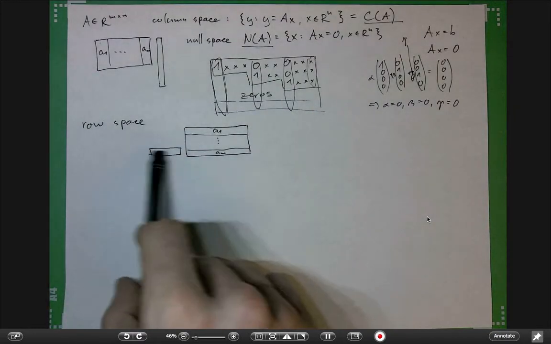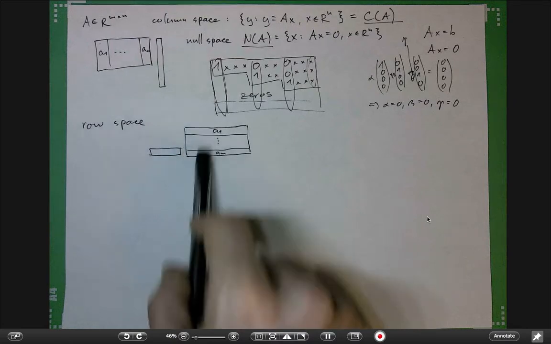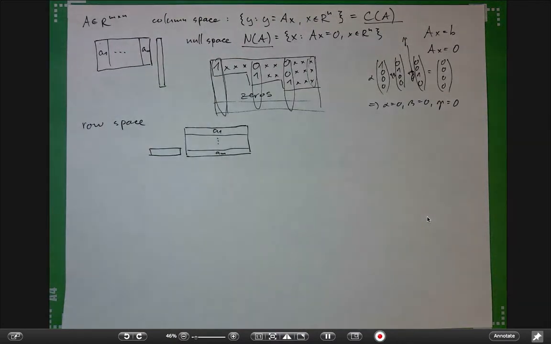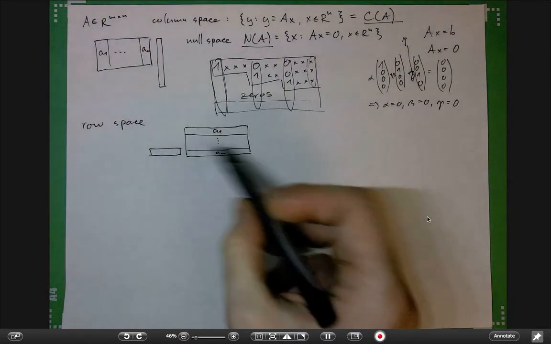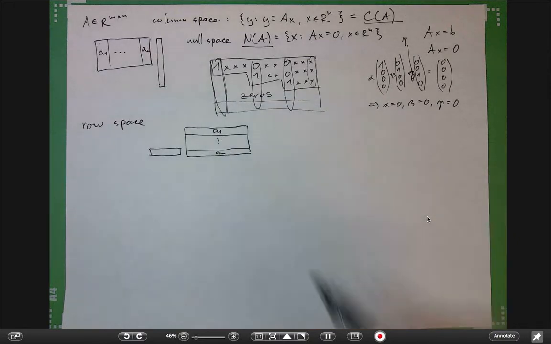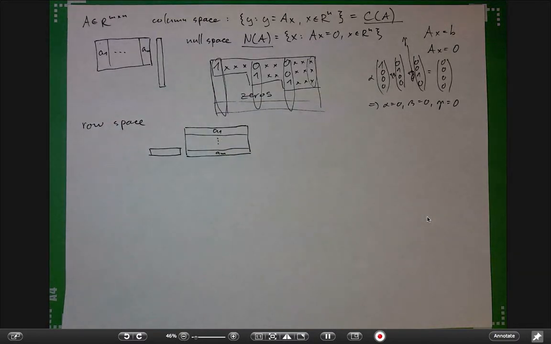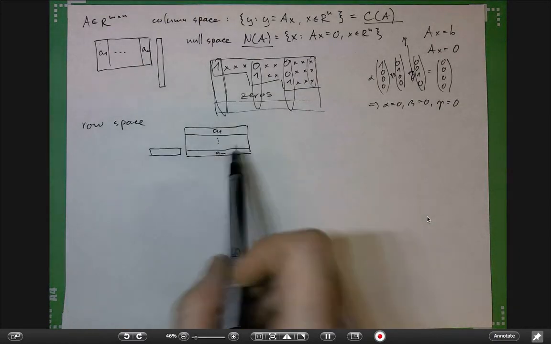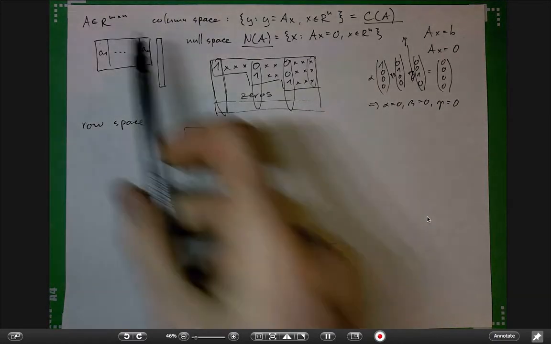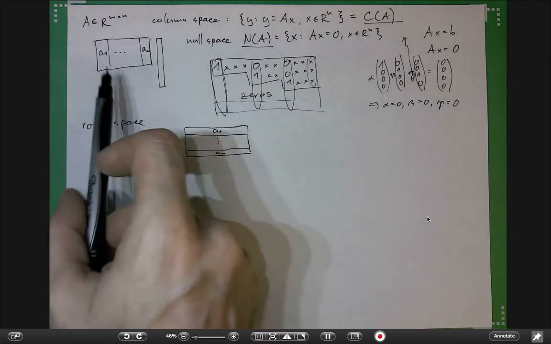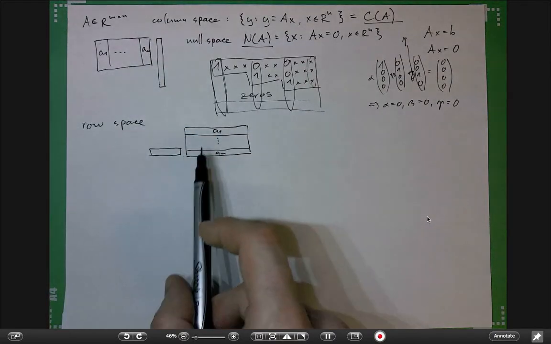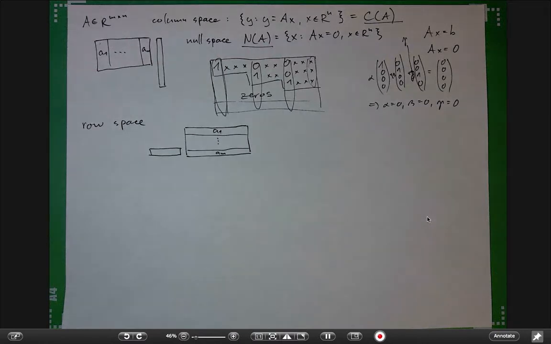This is like a row vector multiplying this matrix, right? And this is again doing nothing but a linear combination of the rows of the matrix, right? So the row space is nothing but a span of all the rows of the matrix, right? The column space was a span of all the columns of the matrix, and the row space is the span of all the rows.